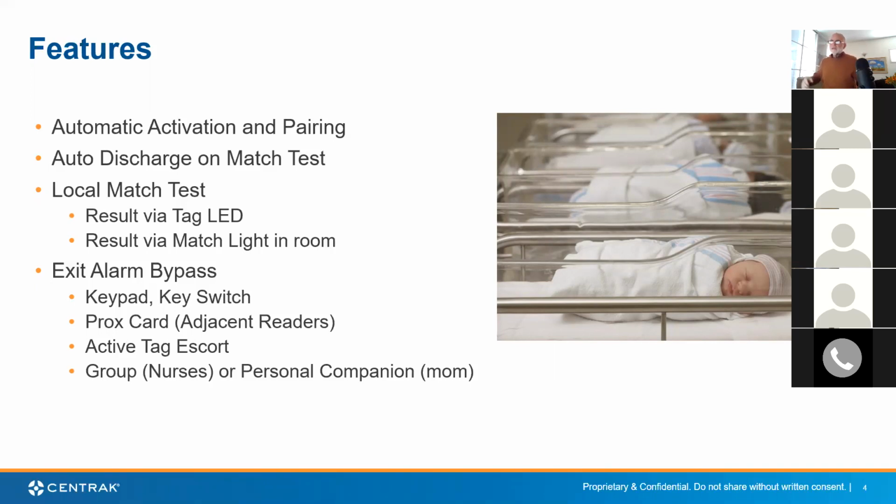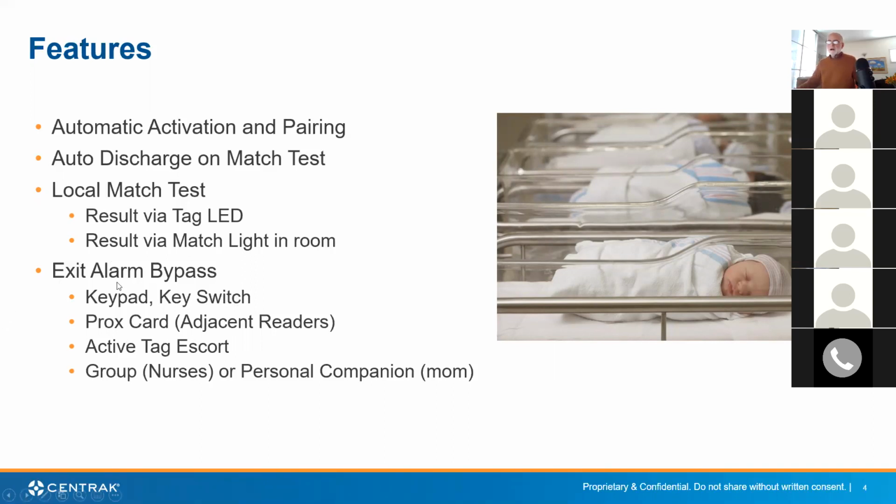The result on the tag LED uses the local matching. The mother ID is programmed into the tag at birth. The match light in the room uses the Omni matching, and we're going to go into that in slightly greater detail. And of course, matching locally will automatically create the match in Omni.